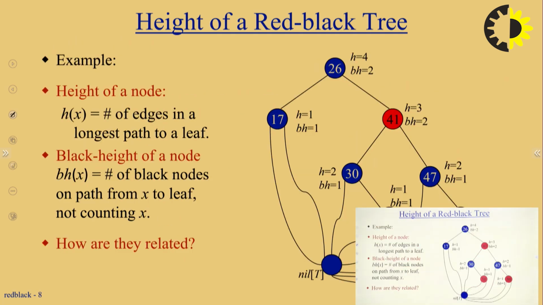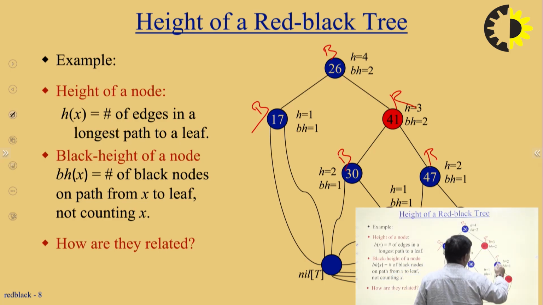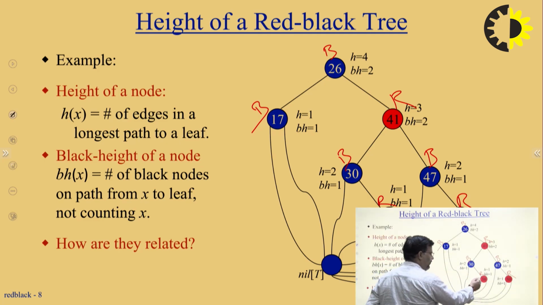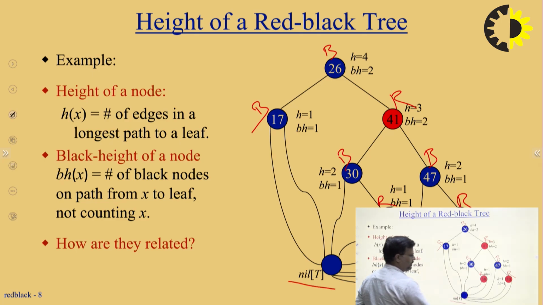Okay. Next thing, height of a red black tree. How will we consider the height of the red black tree? Suppose this is the tree and this is the root, and these colors are black, black, red, black, black, red, red. Okay. And all left and right children also have nil.